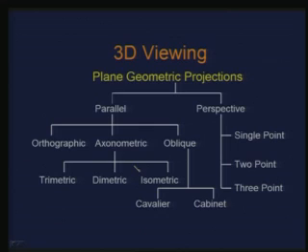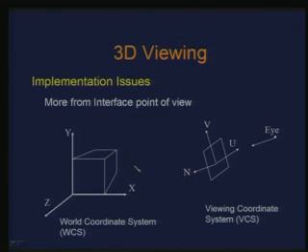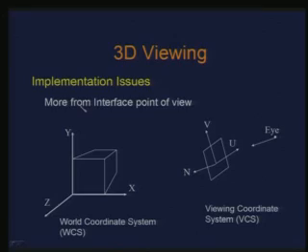Now, one of the things which is of concern is the implementation, and when I say implementation, I am basically referring to the interface for having this 3D viewing implemented.